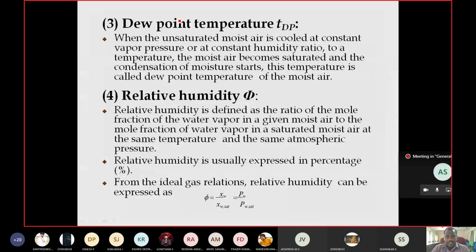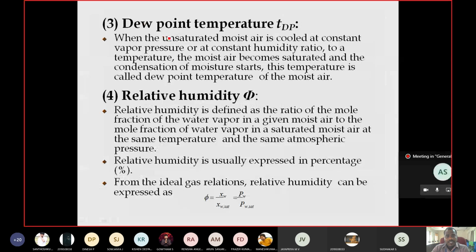So for dew point temperature, you know what the saturated liquid line is, and you know what the saturated vapor line is, and you know what unsaturated moist air is. Saturated liquid, saturated vapor, and superheated vapor, right? So we know the difference of these.